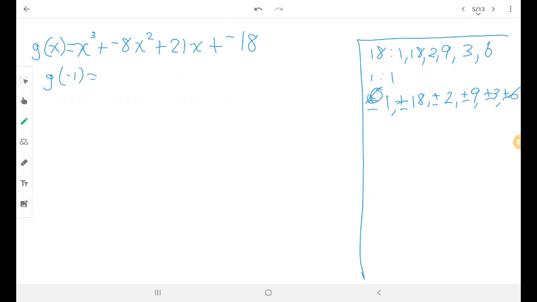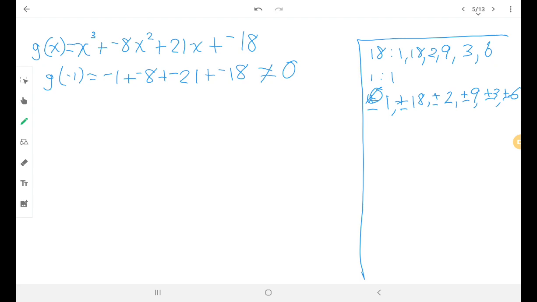I get negative 1 cubed, which is negative 1, plus negative 8 times positive 1, because negative 1 squared is 1, plus 21 times negative 1 is negative 21, plus negative 18. Everything's negative, so there's no possible way that'll come out to 0. So now I'm getting into some tougher territory.